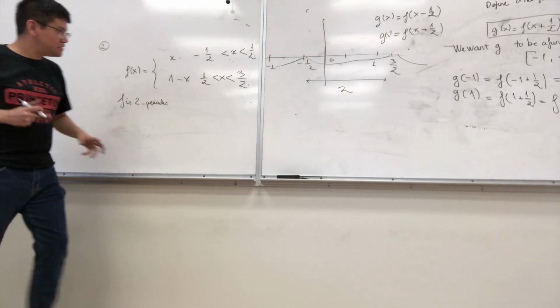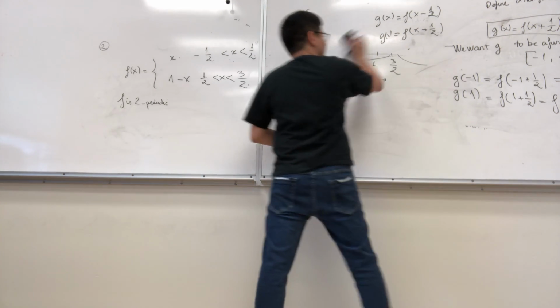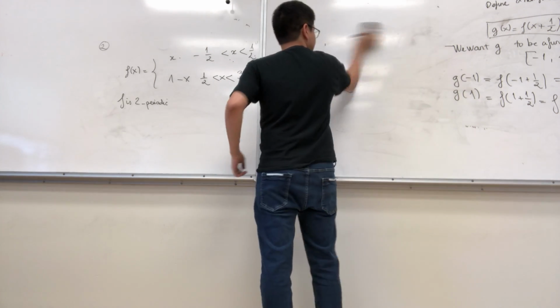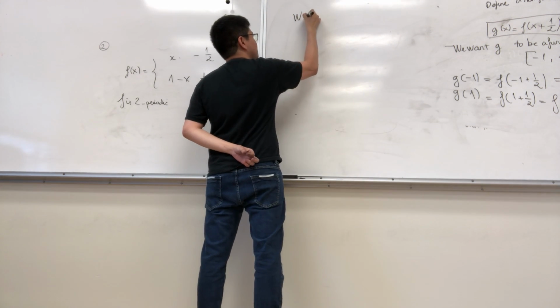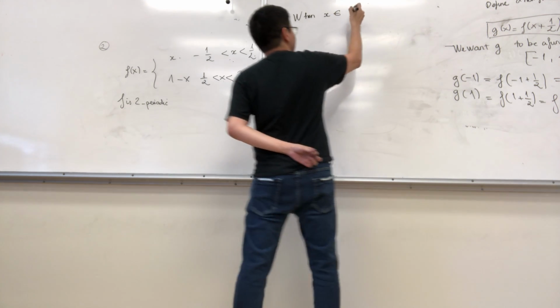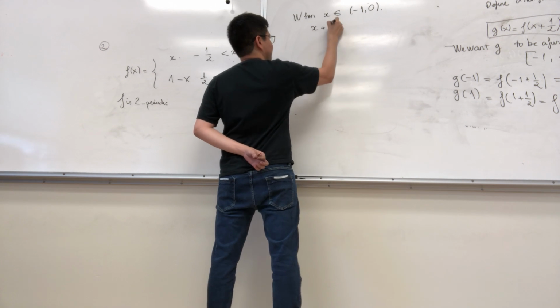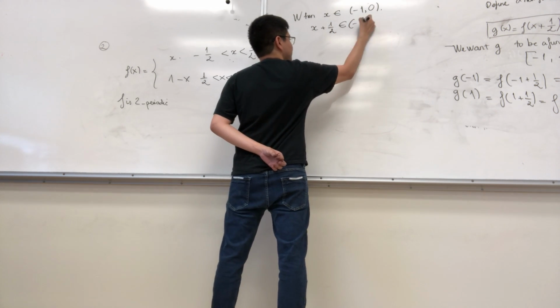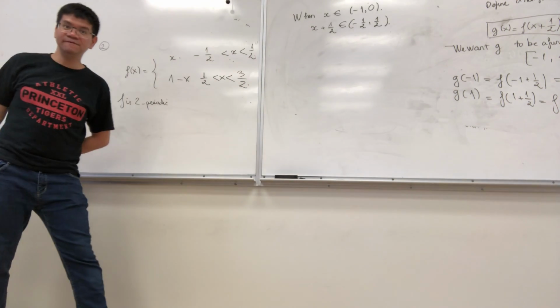Now let me try to write out the form of the function g. All right, so when x is from -1 to 0, x plus 1/2 is going to be from -1/2 to 1/2. All right.